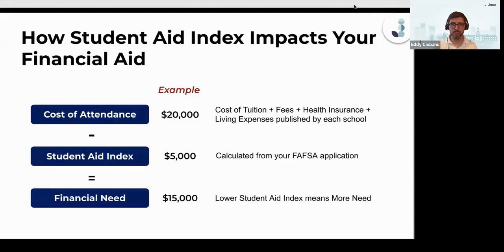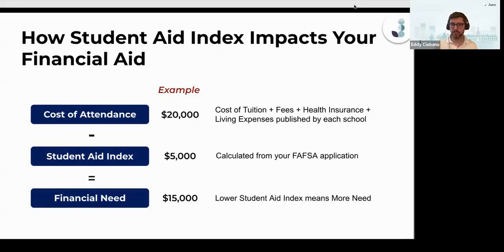Now, the composition of that can vary, right? It can be grant funding. It can be in the form of federal, state, or institutional grant funding. It can include loan options. It can include work study. But there will be some level of determined need that the family has shown through this calculation. If your Student Aid Index is higher than the cost of attendance, then it's not likely that you will qualify for financial need.